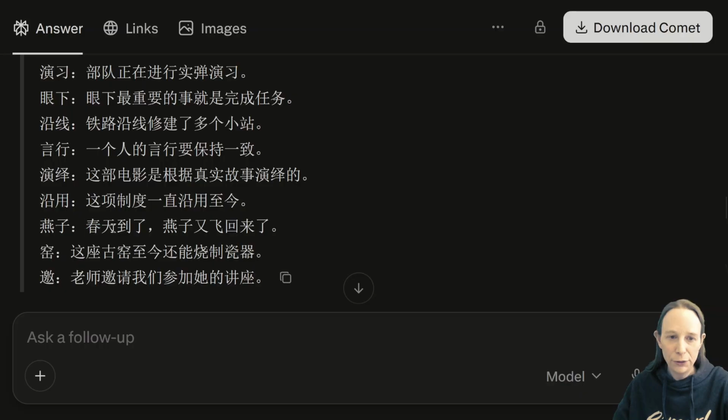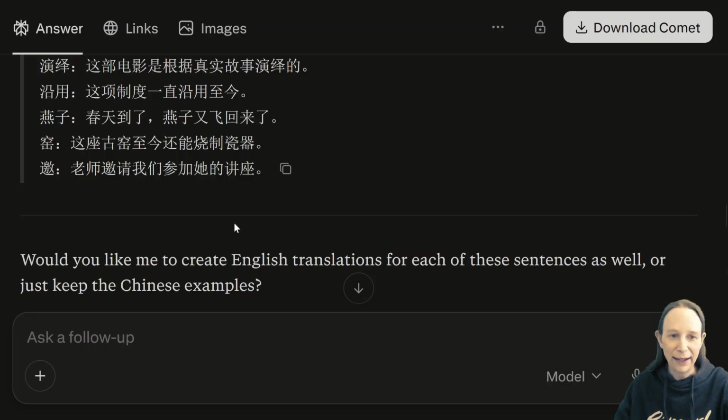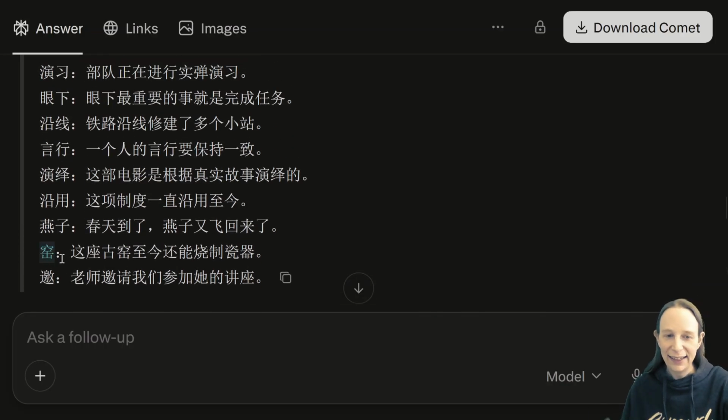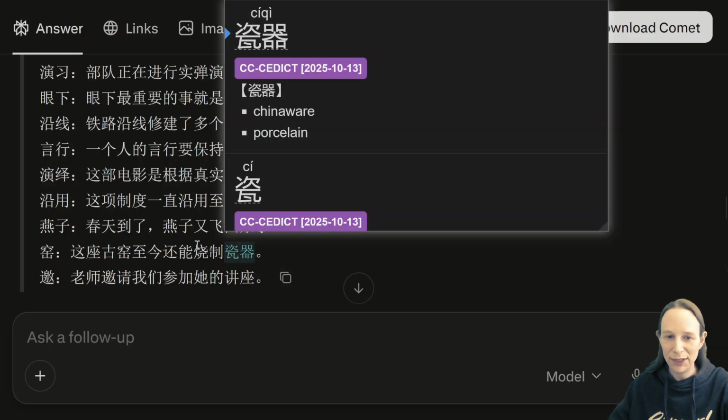小燕子，春天到了，燕子又飞回来了。Alright, next is Yao. Yao is a kiln used for baking clay. 叫做古窑，至今还能烧制瓷器。Okay, 瓷 is porcelain, so 瓷器 is items made from porcelain.